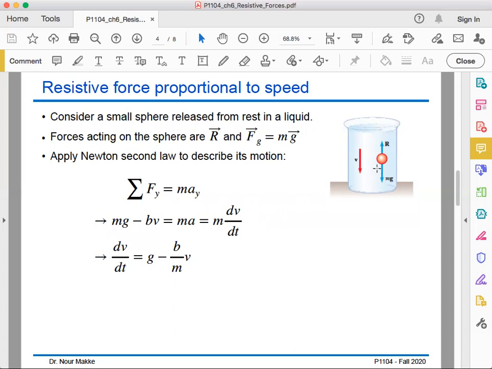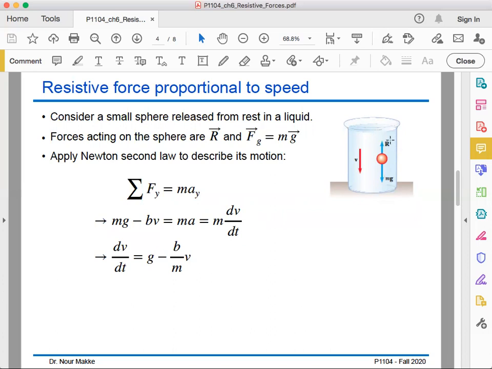The first one is mg, which we always have, but the other one is R. And since this sphere is moving downward into this liquid, then R would be upward, because R is a resistive force that opposes the motion of the object.